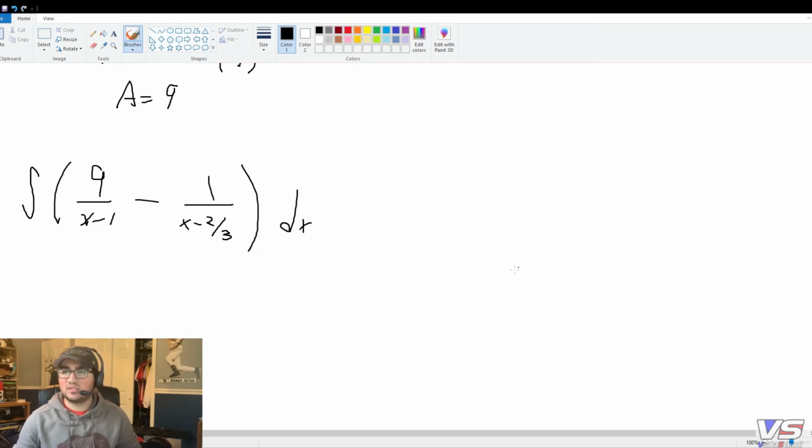Now we can break this up, simplify it down a little bit, into two chunks. We can just do 9 over x minus 1, and the negative 1 over x minus 2 over 3. And to find the integral of these, we're just going to really simplify it and make things a whole lot easier.